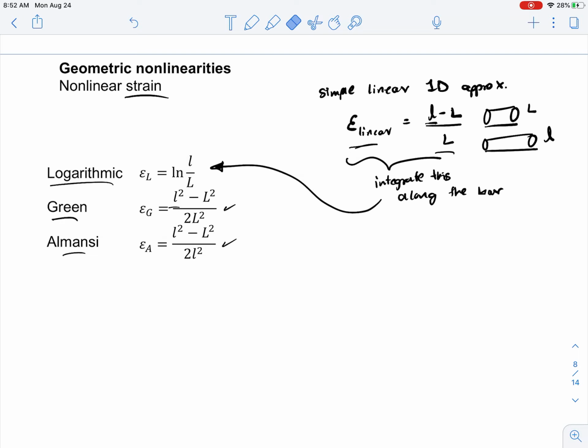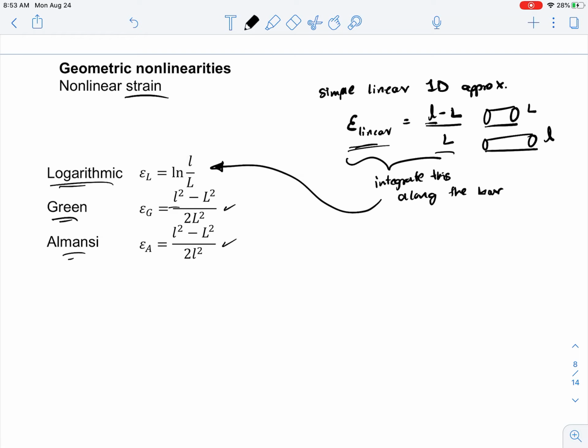And then clearly logarithm is a nonlinear function. So if you have logarithm of l, then that's obviously some nonlinear function of the strain. So again, we went from what you would typically think of in a very simple setting, the linear approximation of the strain, just the change in length over the original length, to at least 3 definitions of strain that involve some nonlinear function of this deformed length l.